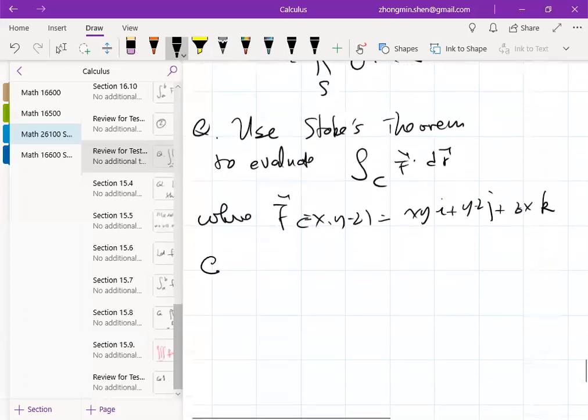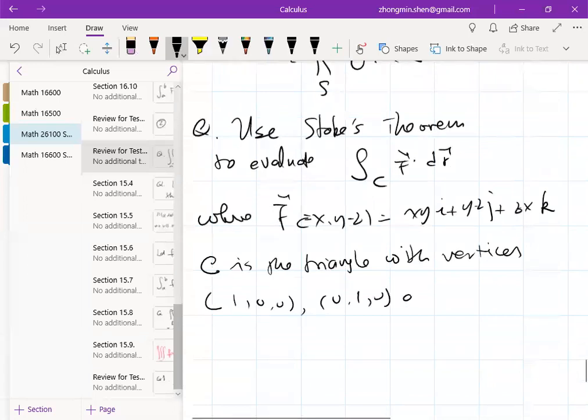And C is a triangle with the given vertices, oriented counterclockwise as viewed from above.